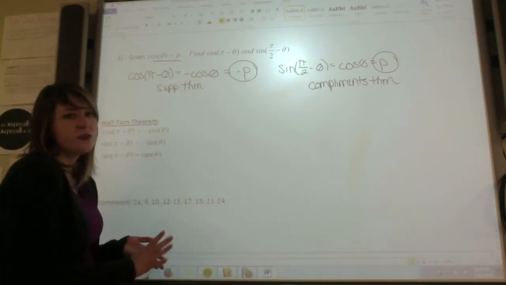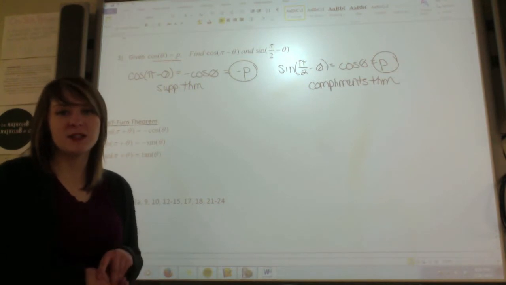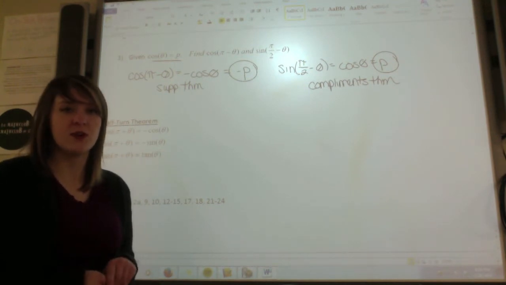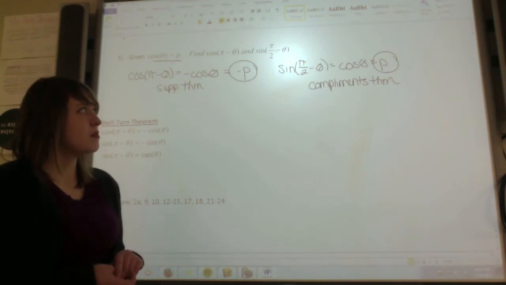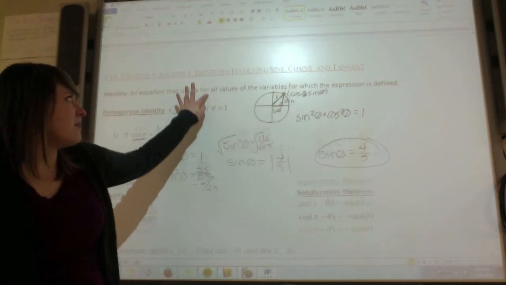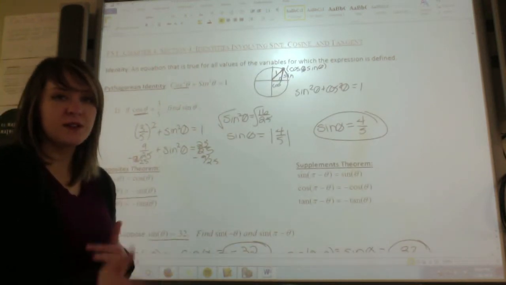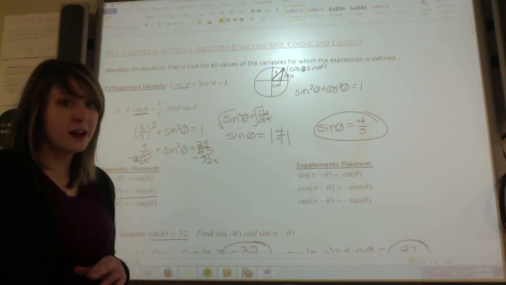So that's all of your identities. You don't actually have to memorize these because they're all on your formula sheet. You just have to know how to use them. It's really important to remember that cosine of theta is different than theta.